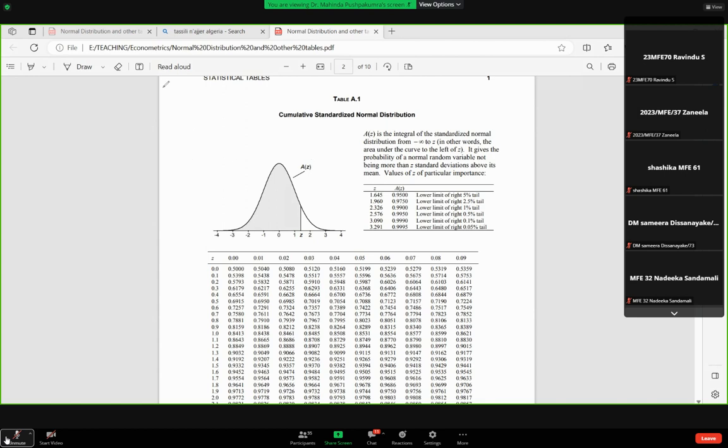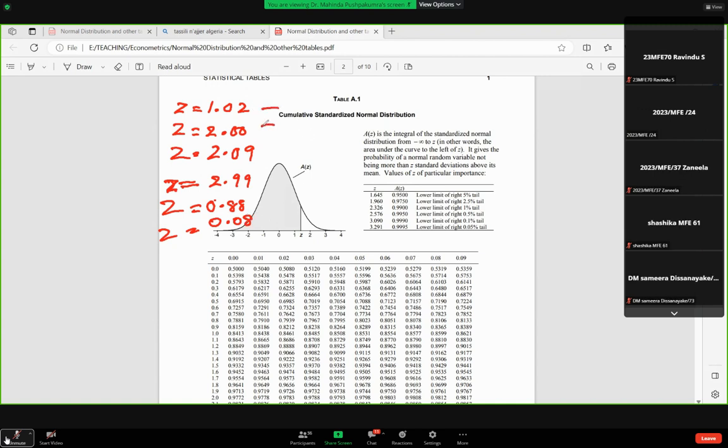Okay, here I'm going to write some Z values. Please try to find the probability related to these Z values. I'll do the first one.